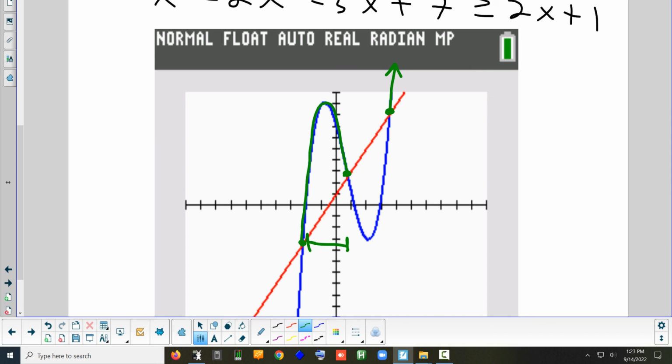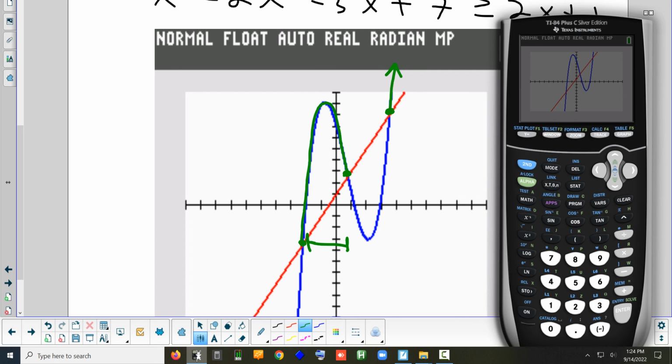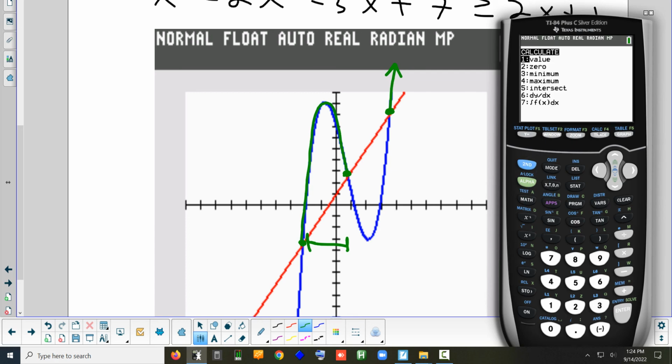What do you think I'm going to have to find 3 times? Yeah, right? I need the intersection. So I'm going to do second calc, intersect, pick a point that's over on the left side. I did the left one. If someone can do like the middle or the right one, that would be helpful.